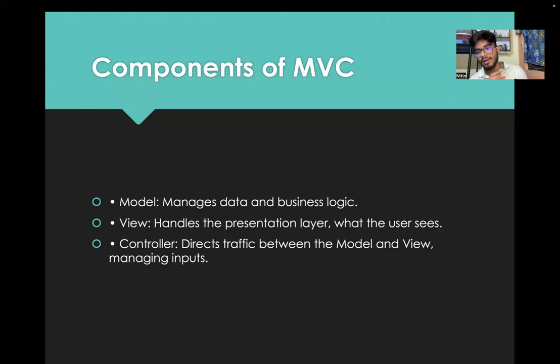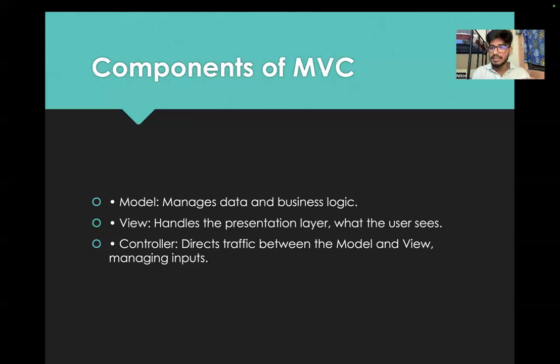The model is the database which gives the output for the view through the controller. I can explain it like the human body: eyes and fingers are the view, and that is the user interface.